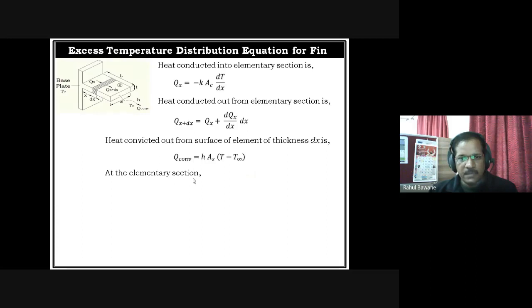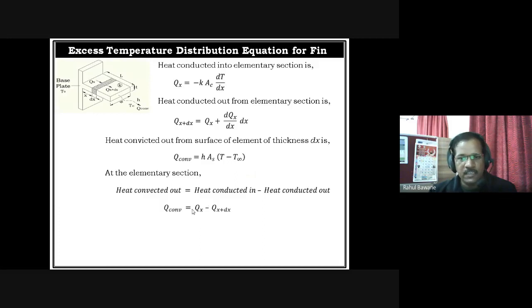Now at the elementary section, the heat convected out with the help of the surrounding fluid from this particular shaded elementary area must be equal to heat conducted in minus heat conducted out. So from this balance equation we get Q convection must be equal to Qx minus Qx plus dx.